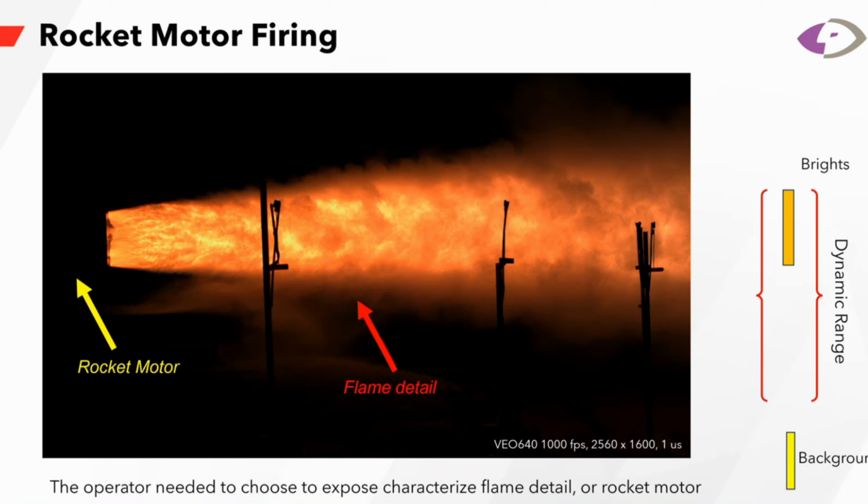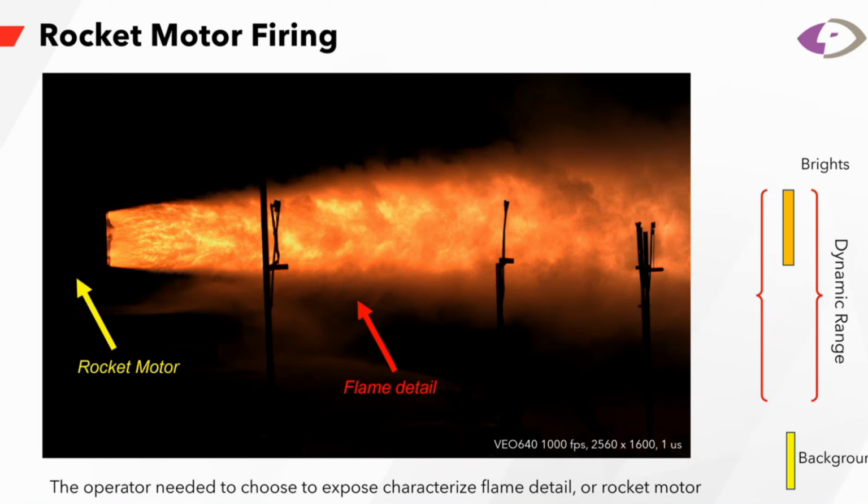Here's an example done in collaboration at NASA Marshall, where we looked at a rocket motor firing. Now, as the operator, I had to choose whether I wanted to expose the rocket motor for good quality, or if I wanted to get good detail of the flame. Since we were interested in the plume, I adjusted the exposure time of the camera to 1 microsecond to get good information about the flame.